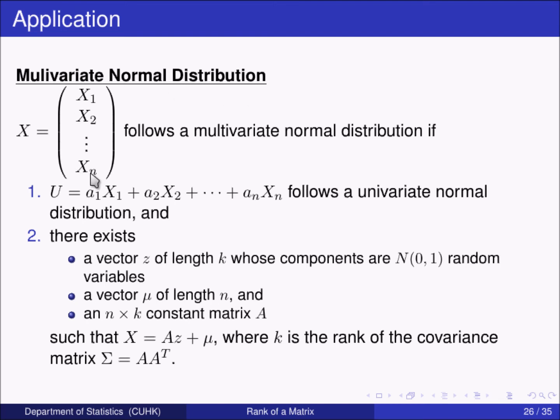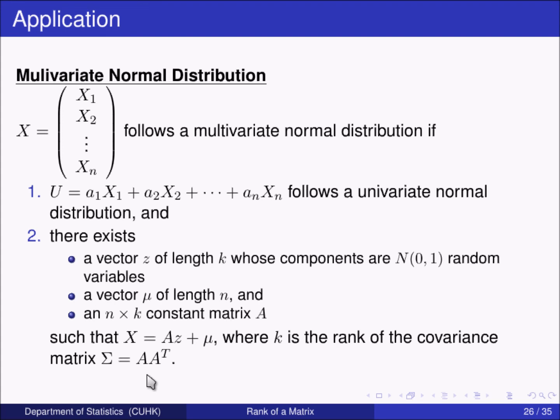A vector of random variables x with length n is said to follow multivariate normal distribution if any linear combination of x1 to xn follows univariate normal distribution, and there exists a vector z with length k whose components are standard normal random variables, a vector mu with length n, and an n by k constant matrix A such that x = Az + mu, where k is the rank of the covariance matrix Sigma = A times the transpose of A.